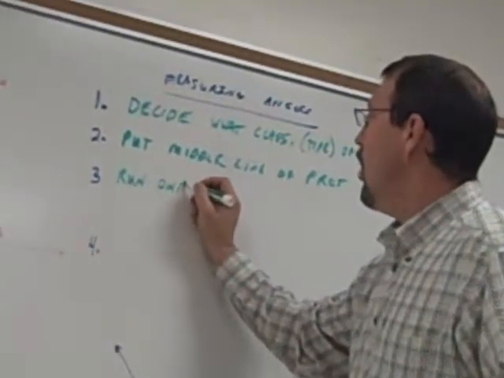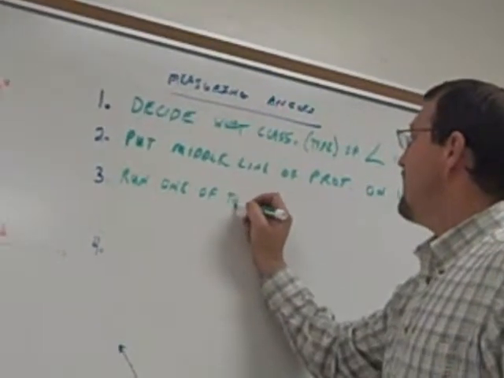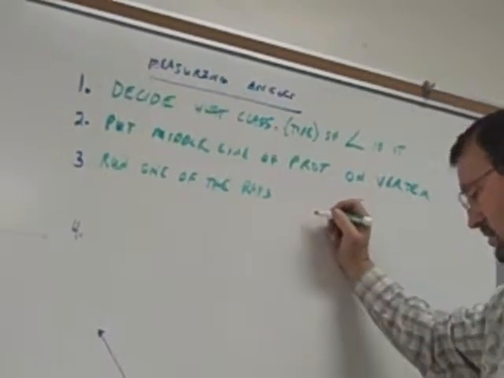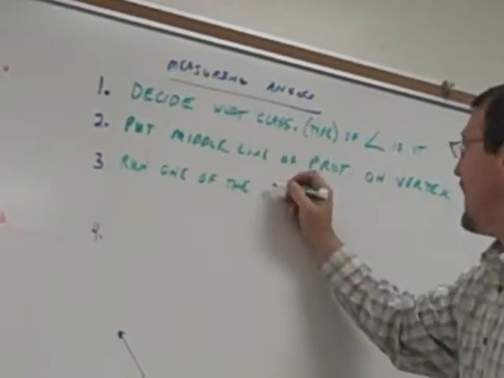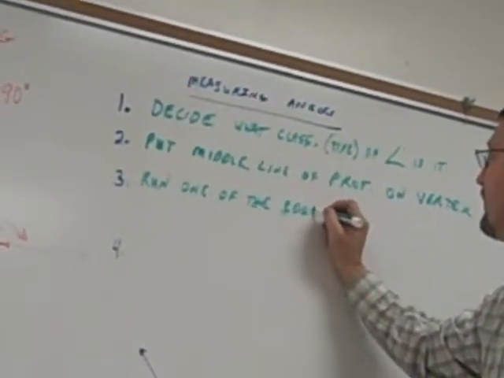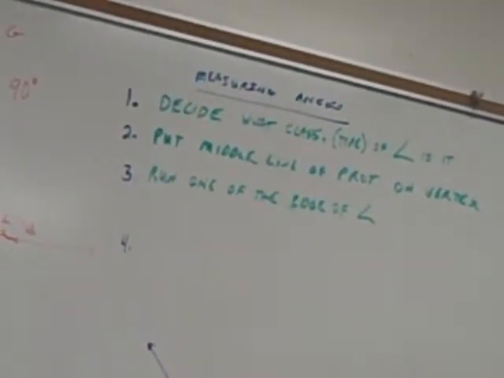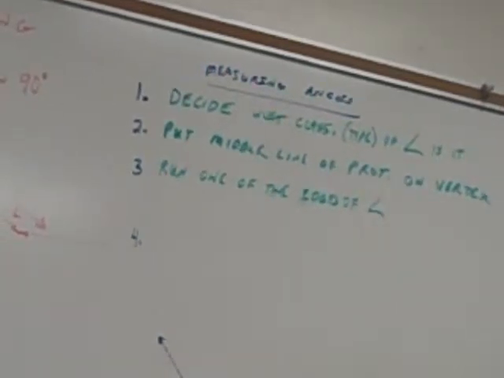Run one of the rays. Or maybe we should just write edge. What do you think? Run one of the edges. There we go, I'll put an S on it.